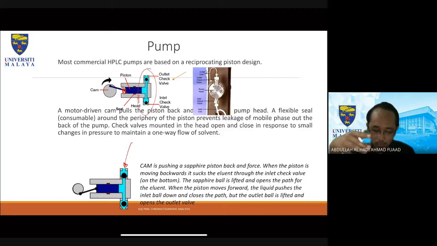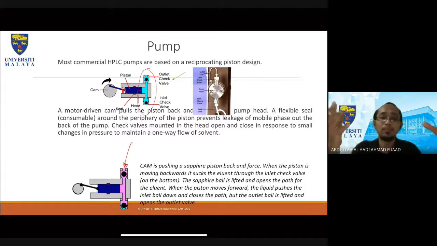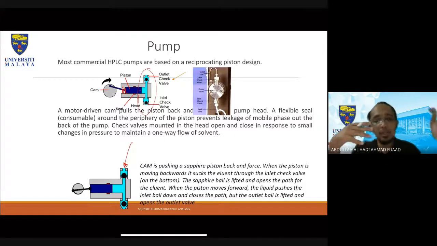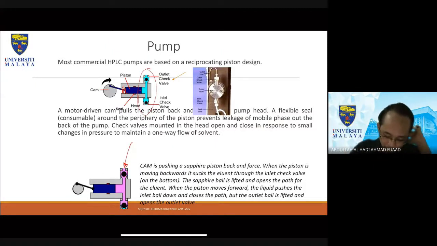The cam pushes the sapphire piston back and forth. When the piston is moving backwards, it sucks the eluent in through the inlet check valve. You can just read it; it basically talks about how the solvent flows. When this one is open, what happens? When this one is closed, what happens? This one is going out, that one is going in.